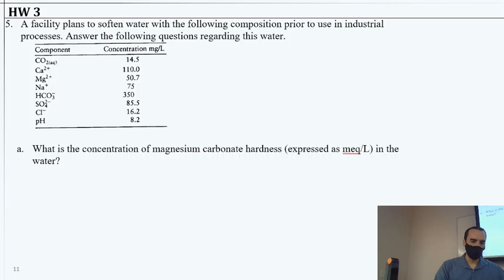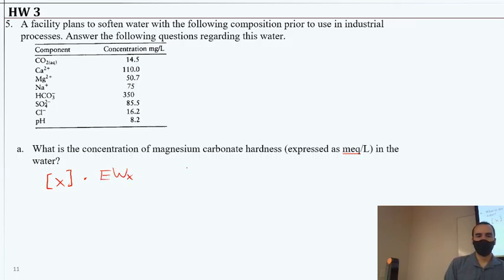water? So the milliequivalents, this is actually slightly simpler than the as CaCO3. We just have to do the conversion using the equivalent weight, right? So instead of taking milligrams per liter, we can take the molar concentration of X, multiply that by the equivalent weight of X, and that should be it, right?